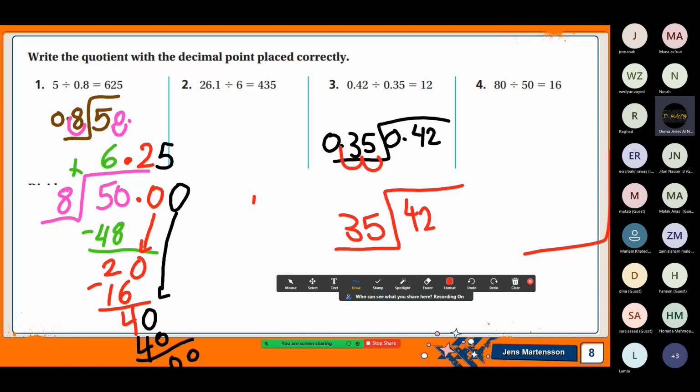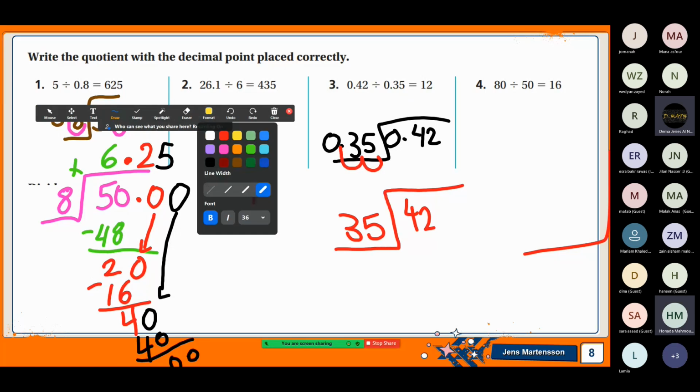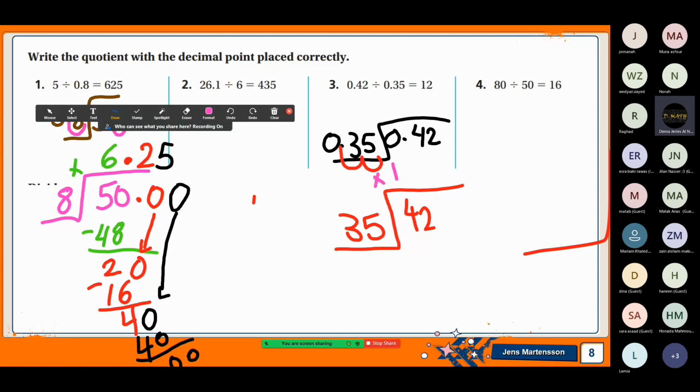Now let's divide. 42 divided by 35 is 1. 1 times 35 equals 35. What about the remainder? 42 minus 35 equals 7.